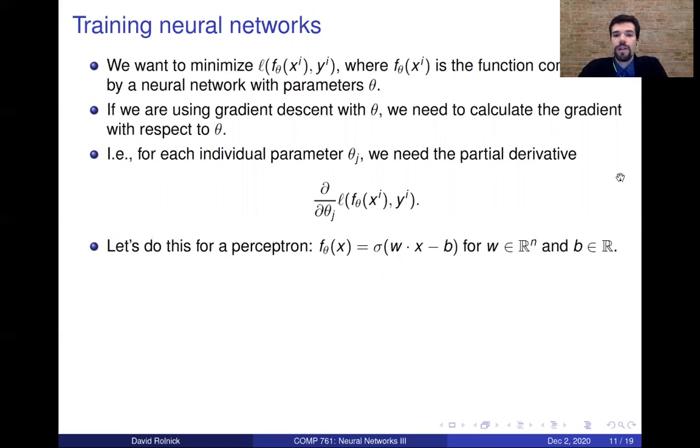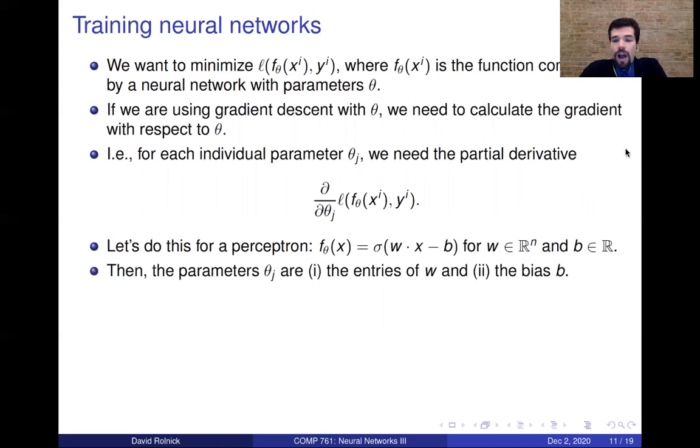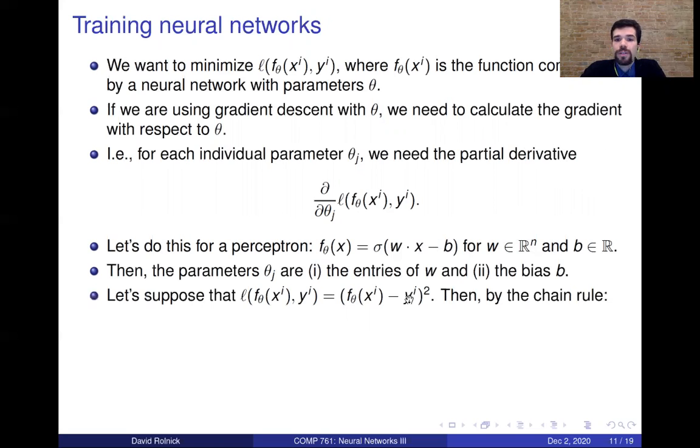So let's see how gradient descent would work here. The parameters are the entries of W and the bias. So we want to be able to change both the bias and the entries of W. Let's work out the gradients. But first, we can suppose a particular loss function. In this case, let's use the loss function that we were looking at before, which is just the squared L2 norm.